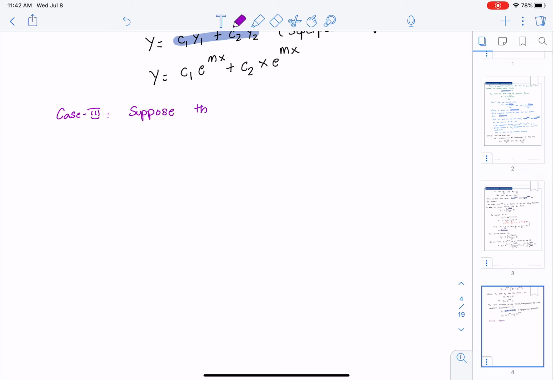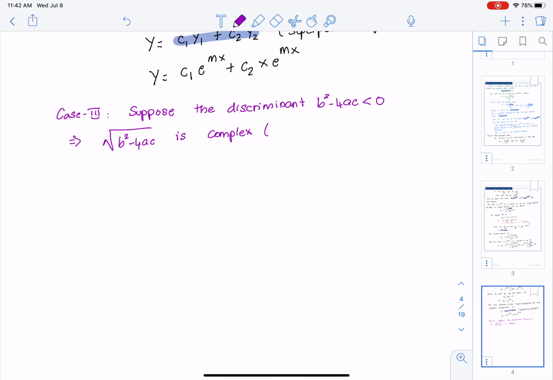Suppose the discriminant b squared minus 4ac is less than 0. This would mean the square root of b squared minus 4ac is complex. Why?